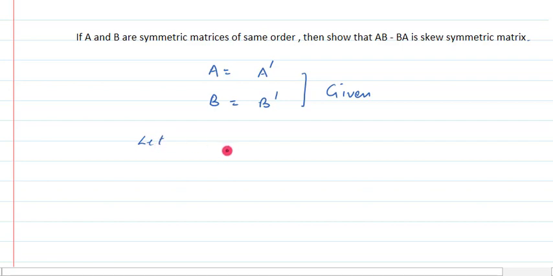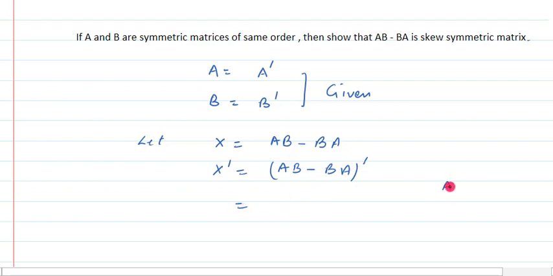So for that, let us consider X is equal to AB minus BA. And as we have seen, whenever we need to prove that the given matrix is symmetric or skew symmetric, we need to take the transpose of it. So let us take the transpose of X, which means on the right hand side also we have to write AB minus BA whole transpose.